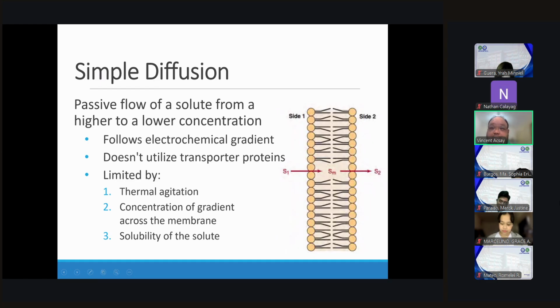So increasing the temperature can increase the rate of diffusion. Consequently, of course, making it cold decreases the rate of diffusion.